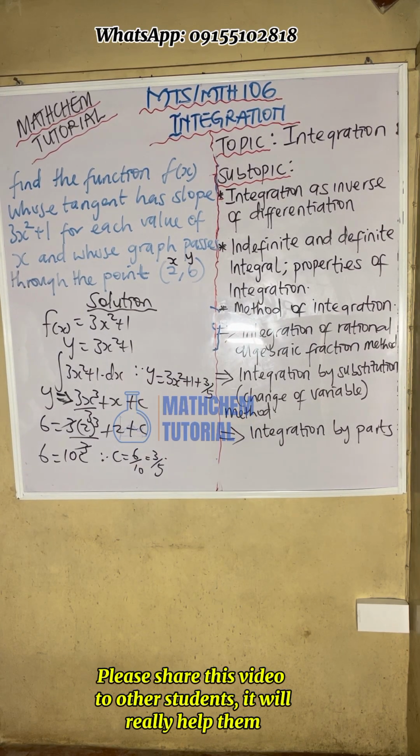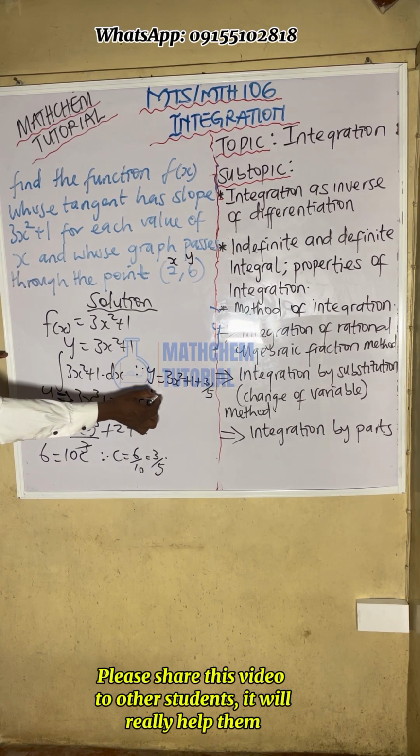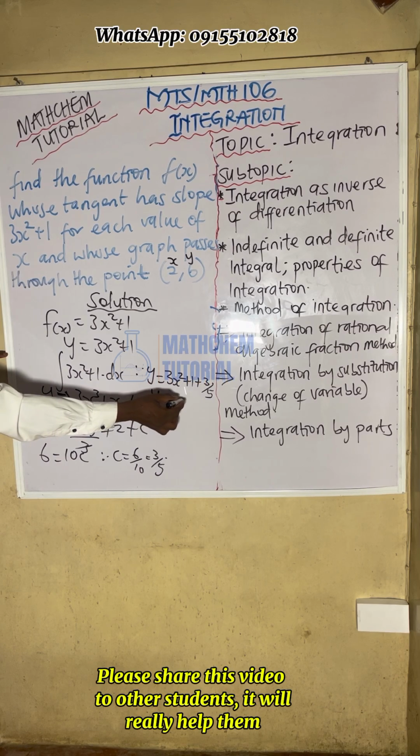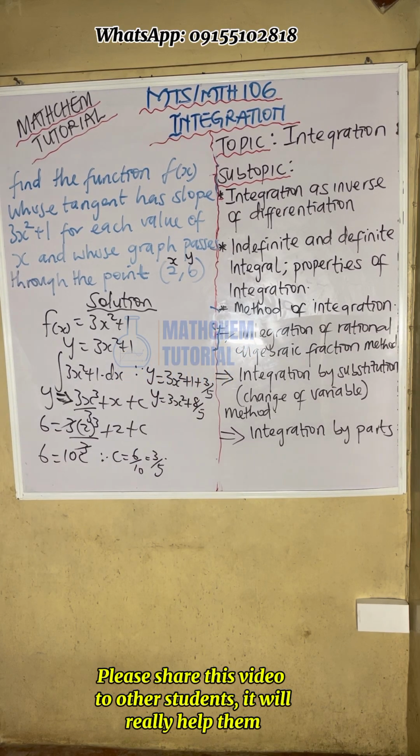And if you add 1 to that 3 over 5, that will be 8 over 5. So our y is now going to be 3x squared plus 8 over 5. So y equals 3x squared plus 8 over 5. So that is the answer for this kind of question.